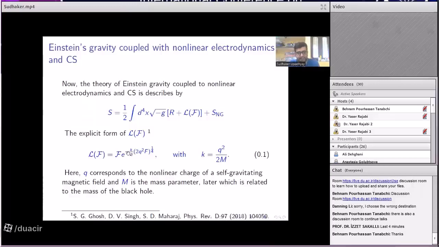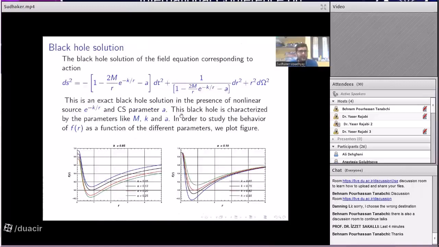Okay, so this is actually the action of the model, and now we can consider the solution corresponding to the field equation for this action. Now we have not written the field equations, but that is mentioned in the paper. So now we directly come to the solution of the field equation. This regular black hole solution of that field equation corresponding to the above action is of this form.